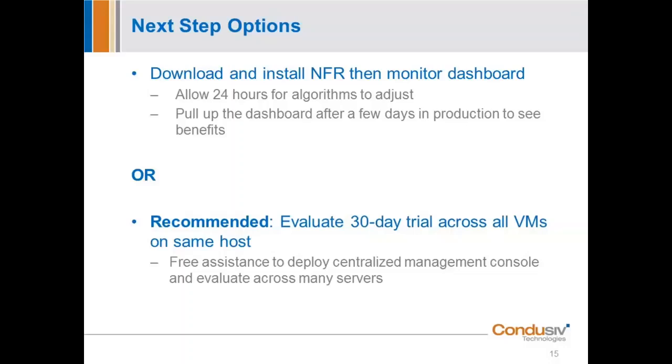We could install in one or two of those VMs and optimize the I/O on those two VMs. But then you've got 8 other VMs that have all of that random I/O traffic that GQ demonstrated to you earlier, really taking away from all the performance gains that you're getting on the other 2 VMs that you've optimized with our software.